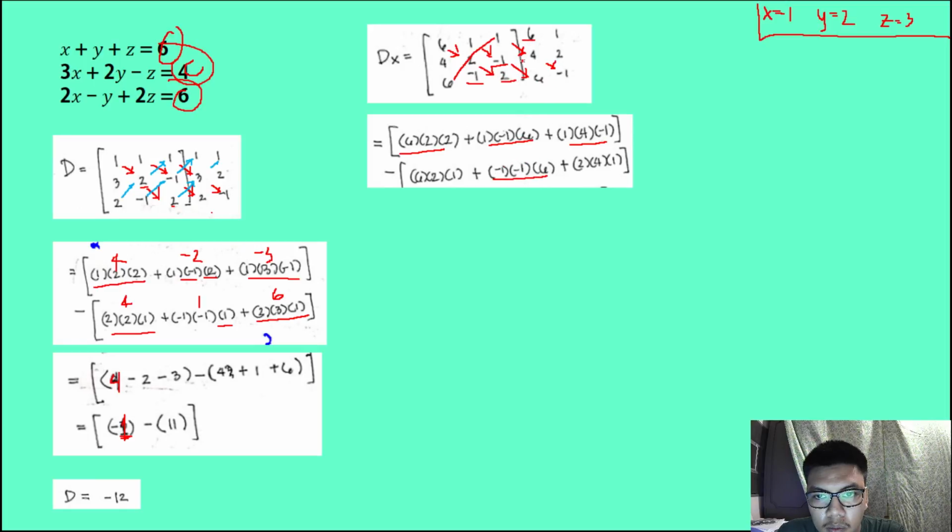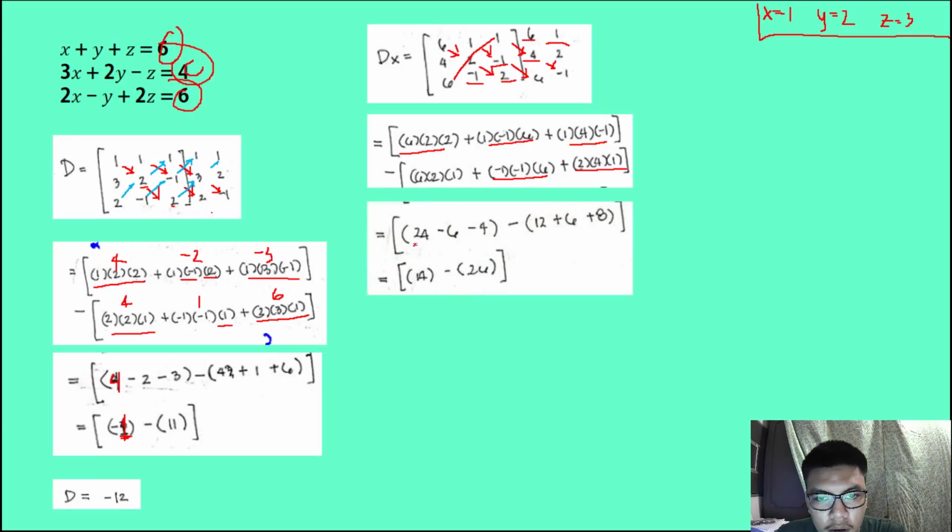So 2 times 4 times 1, yun. Simplifying this, so we have 24 minus 6 minus 4 minus 12 plus 6 plus 8. Then we have 14 minus 26. So we have negative 12 for dx.